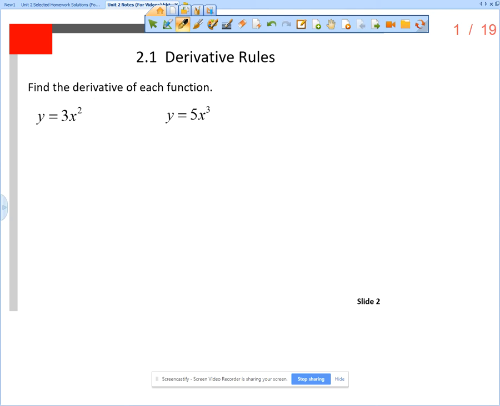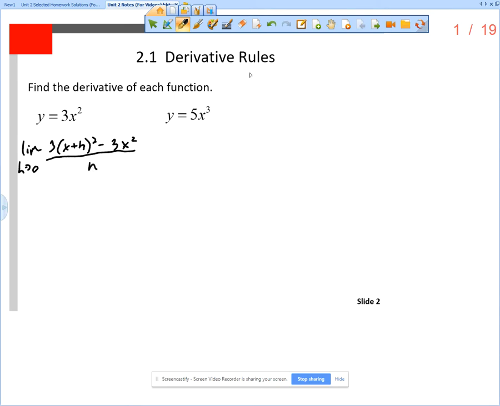All right, so we recall from sections 1.7 and 1.8, the derivative is found by taking the limit as h approaches 0 of f of a plus h. So in this case, we're just going to leave x as x, and we're going to say 3 times (x plus h) squared minus 3x squared divided by h.